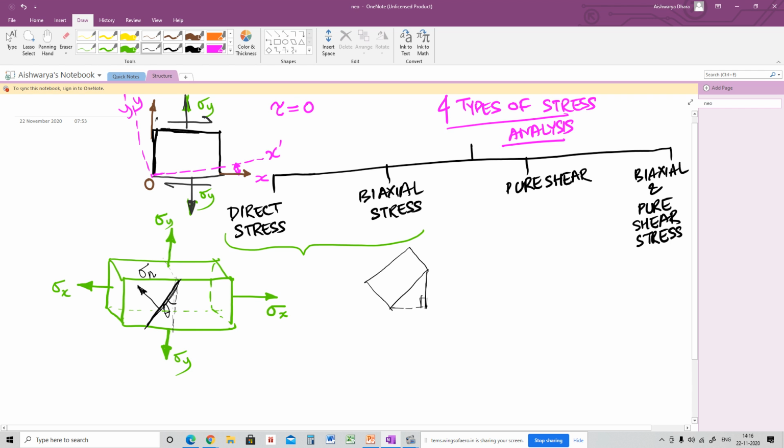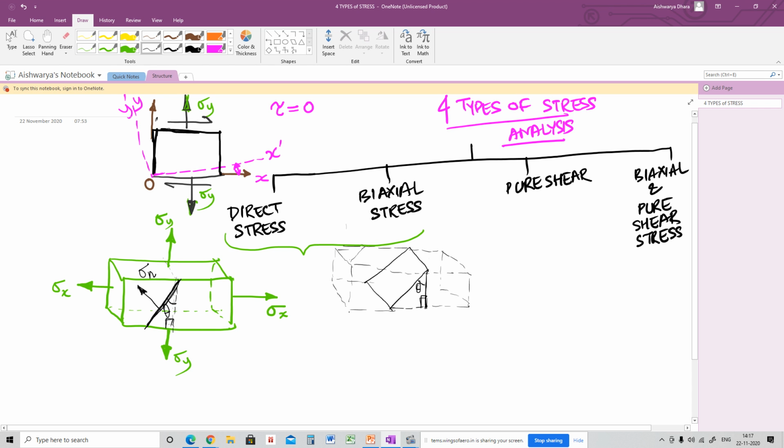This is the perpendicular which I am drawing, right? That is here. So from this complete object, this is a complete object, right?